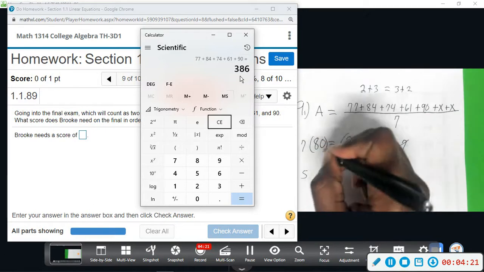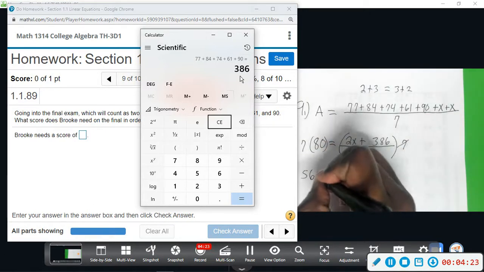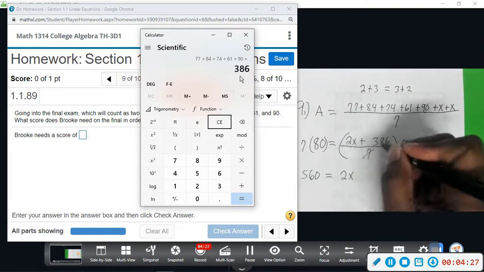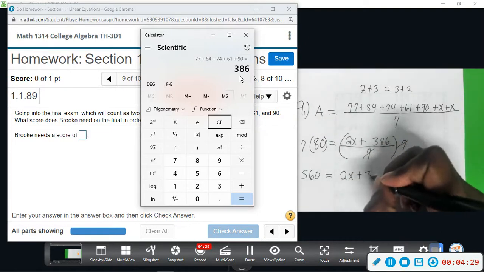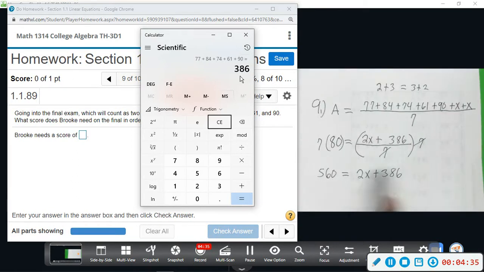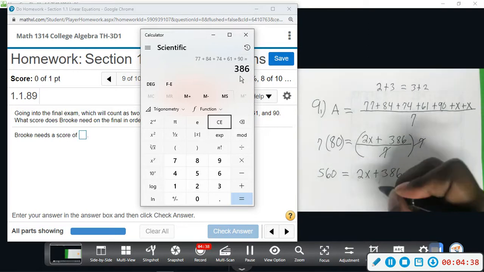7 times 8 is 56. Add the 0, 560, equals, bring down the 2x. Bring down the 386. Now we're going to subtract 386 from both sides.